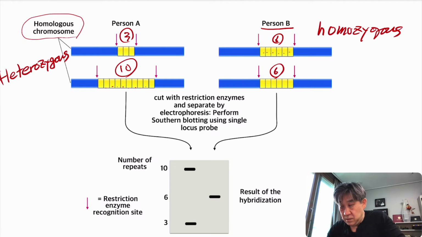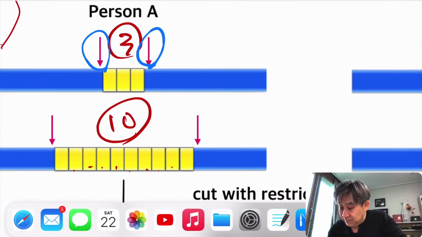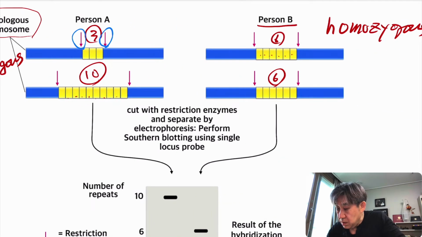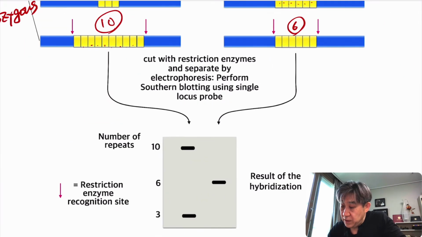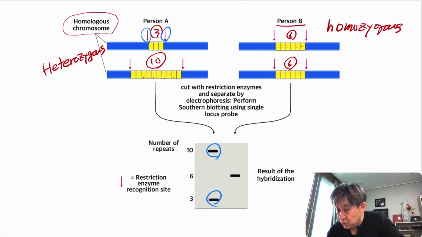So, by the logic that I have just explained, if you apply this particular restriction enzyme which cuts this flanking area, person A will generate two different fragments in different sizes, one larger and the other smaller.